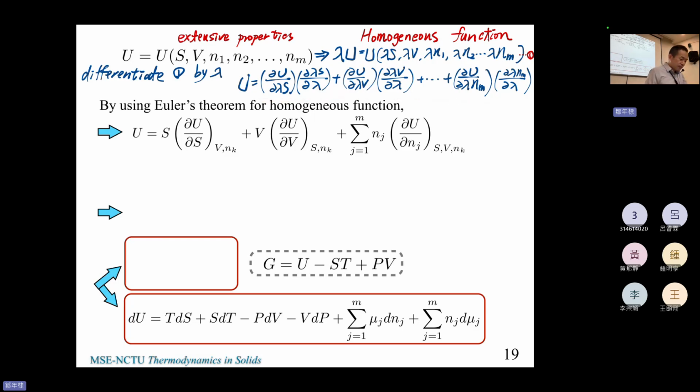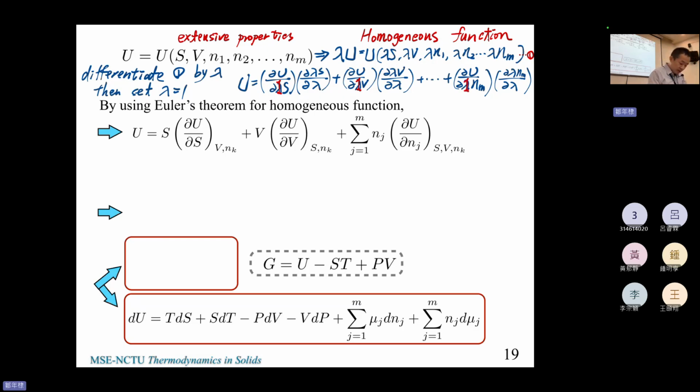Why should we do that? Because the mathematician thought, why not just set lambda equal to 1? Wow. So it becomes 1, and this becomes 1, and here 1.